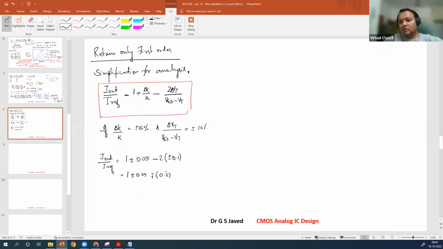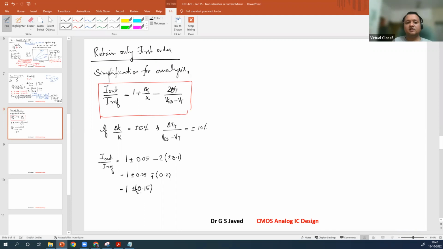Now if you take the difference, this is larger. So what is the maximum value? Plus goes with minus, so you will get 0.15. And this difference reduces, you will also get plus minus 0.15. So 1 plus minus, you take this minus sign inside, it will be 0.2, 0.05. The difference will be 0.15 along with the minus sign.